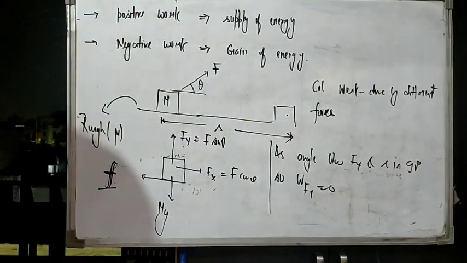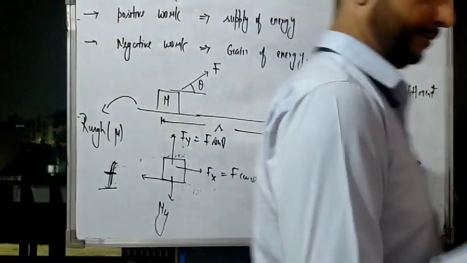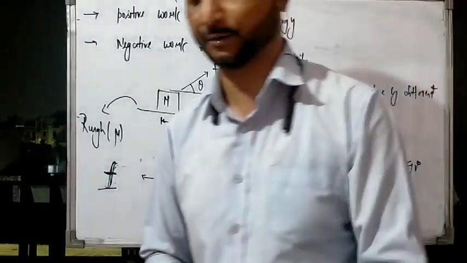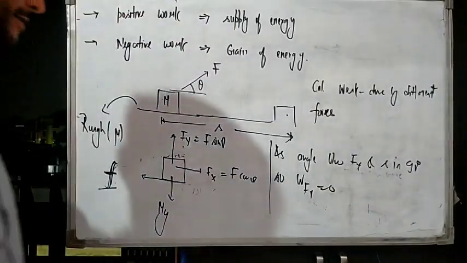Mark my word. For zero work done, there are three possibilities. What are the three possibilities?